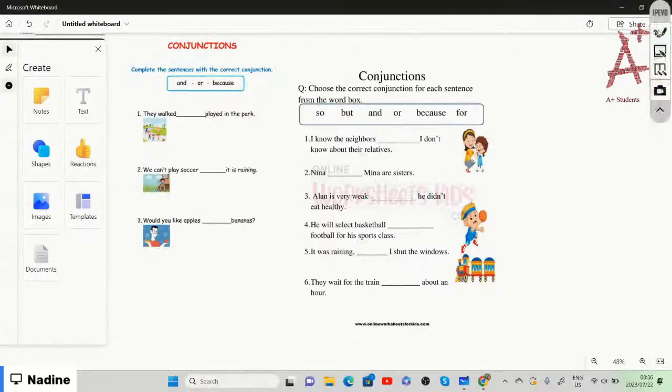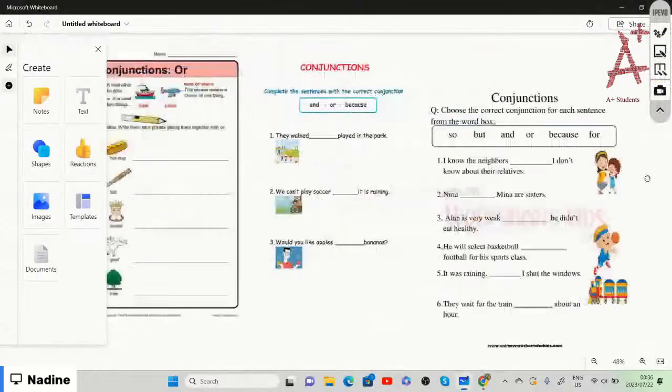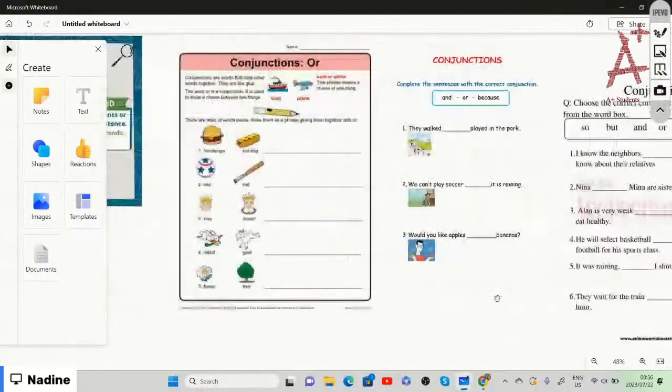We say that or shows options, it shows choice. So it's either I want this or I want that. And with conjunctions, it is as if the phrases are glued together by the possible conjunction within the sentence.